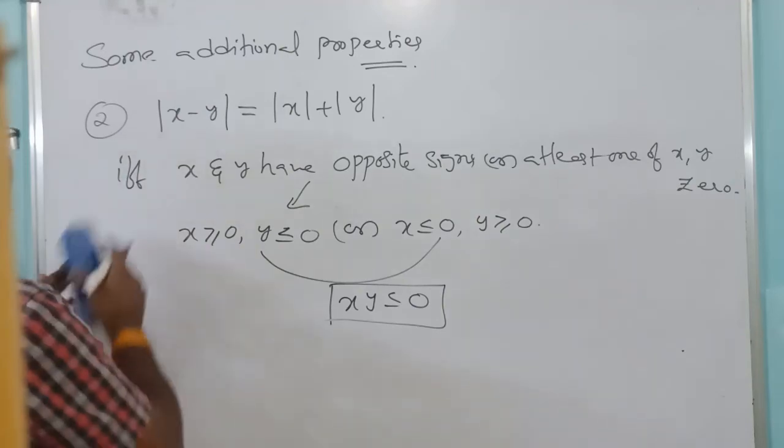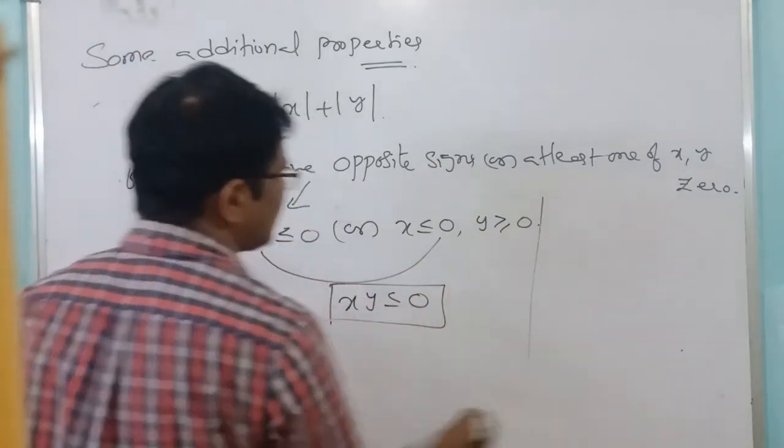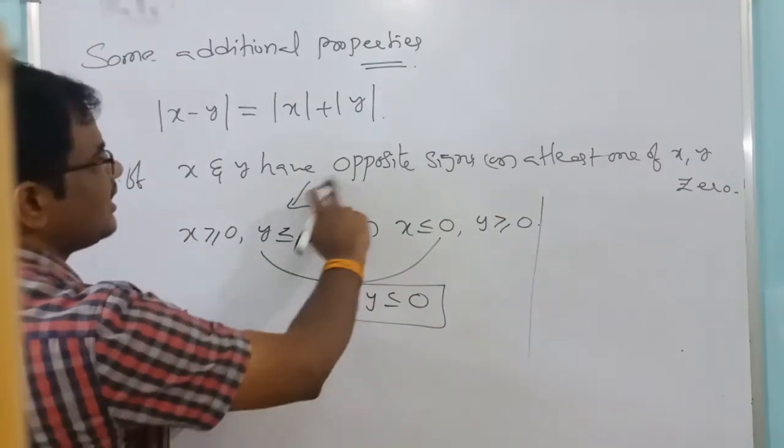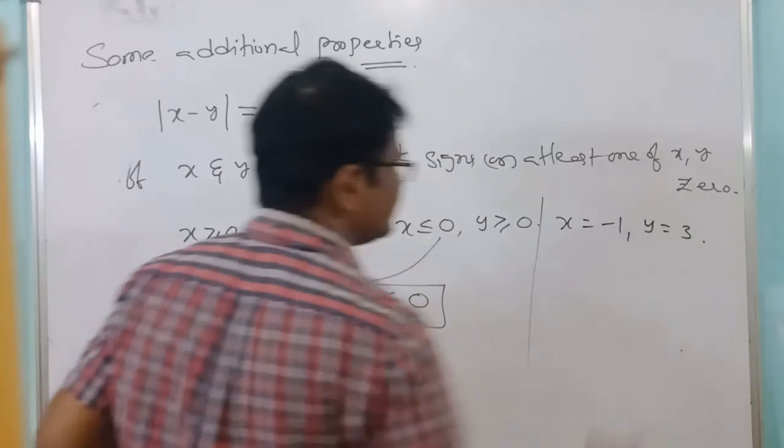Now, the third one. You can verify by taking some example. x and y have opposite sign, means x equal to -1, y equal to 3, you take.